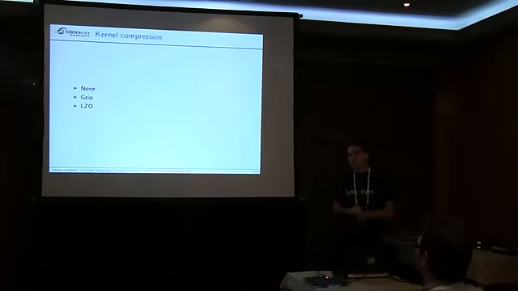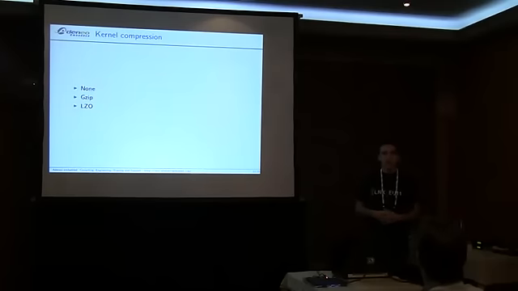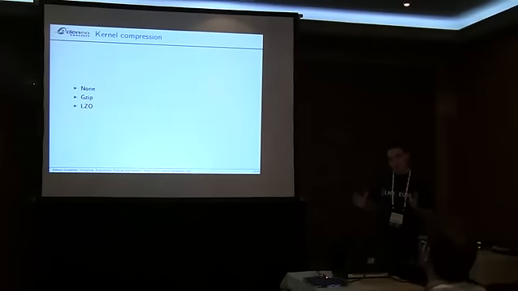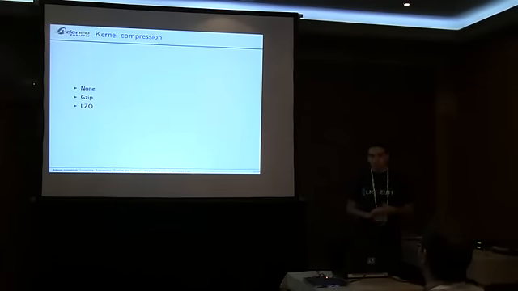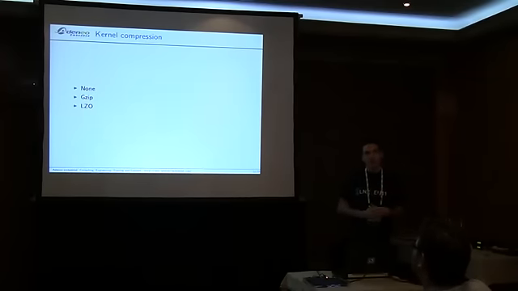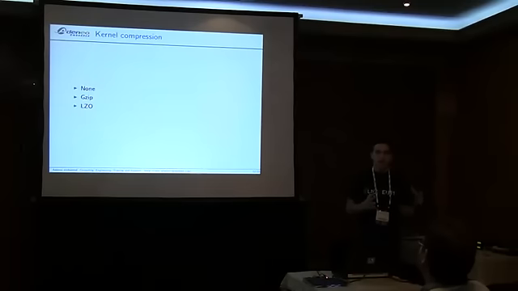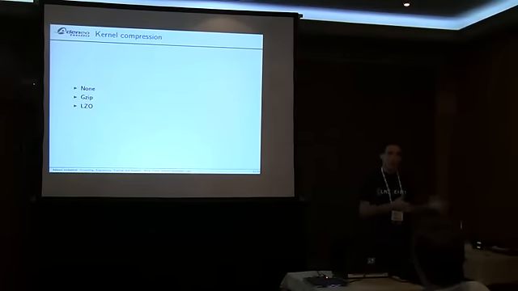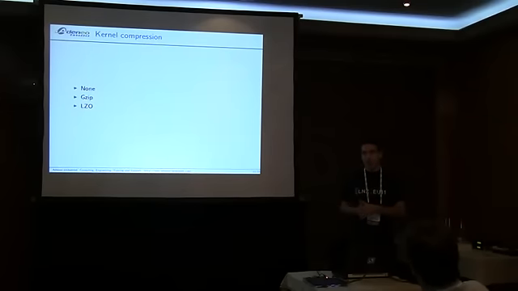Also kernel compression, you can try to play with that. There is no fixed answer to that. Usually none and LZO are the best ones. Nobody is using GZIP anymore, I hope. If you don't compress your kernel, it will be bigger, so you will take more time to load it from storage to RAM.